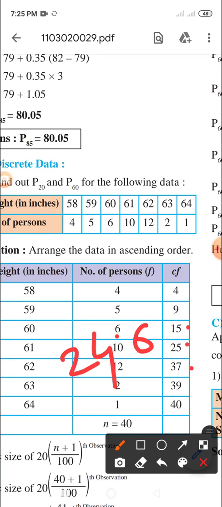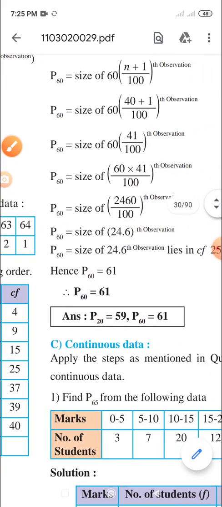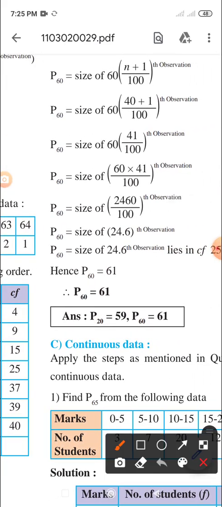So it lies in 25. So our answer is 61. So P60 is equal to 61.